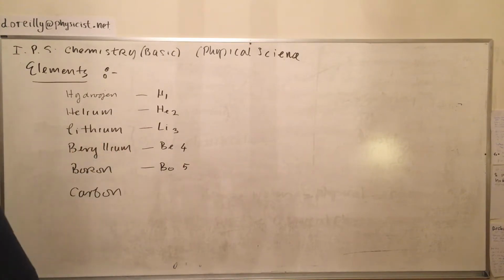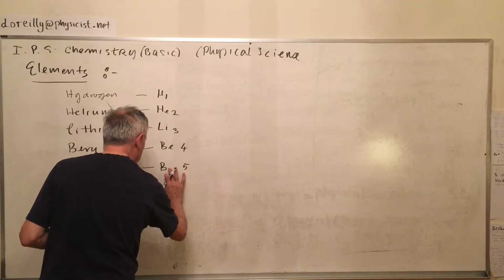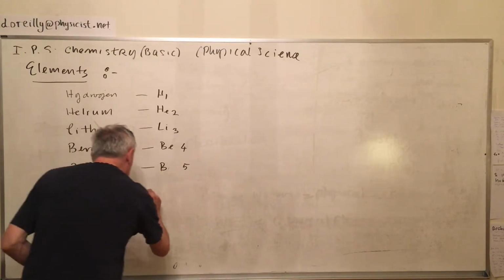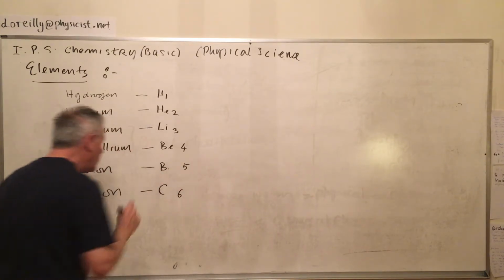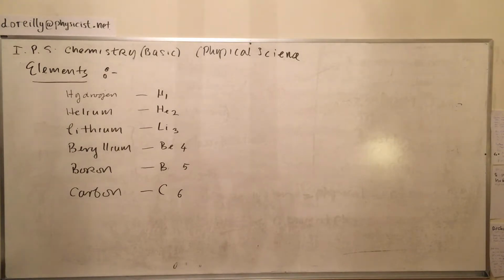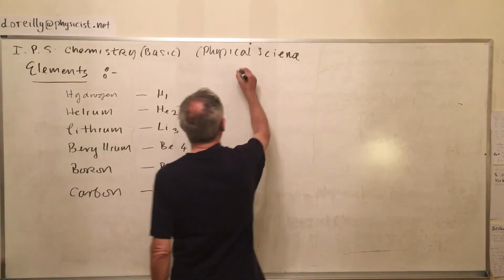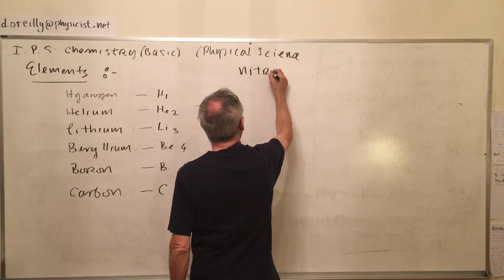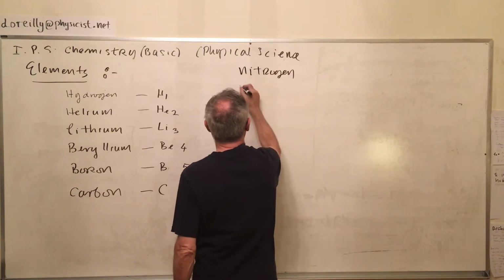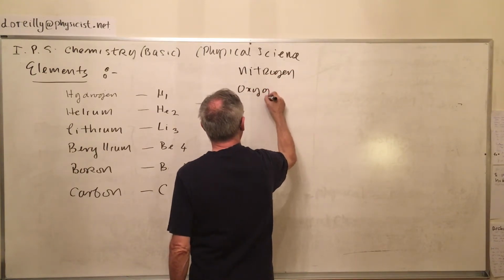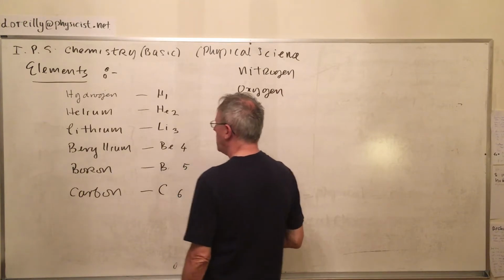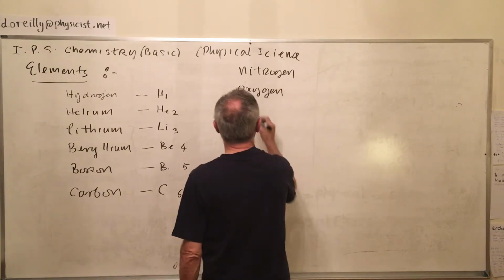I wonder if boron is that symbol. No, it's boron. So these are the first 6 elements. And then if we continue on: hydrogen, helium, lithium, beryllium, boron, carbon, nitrogen, oxygen, fluorine.